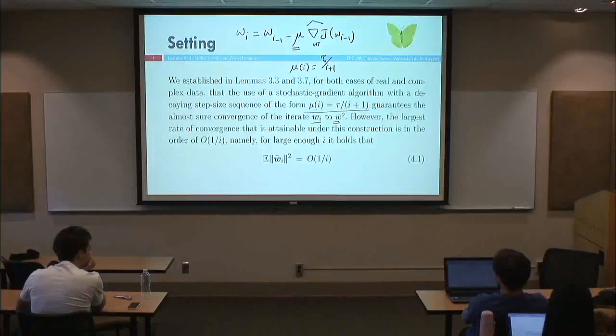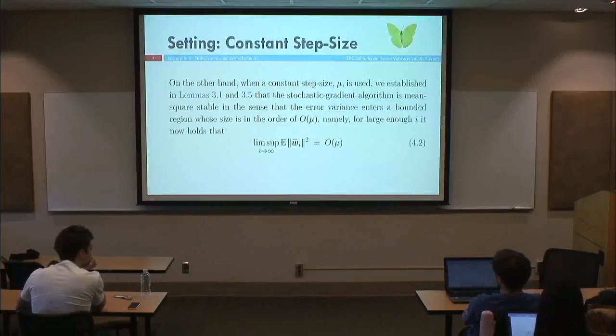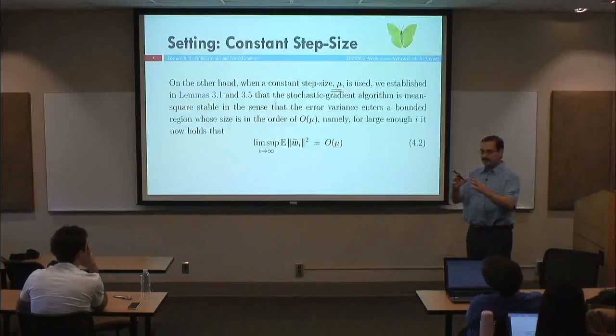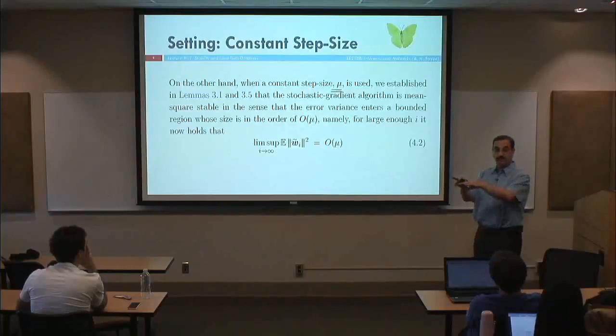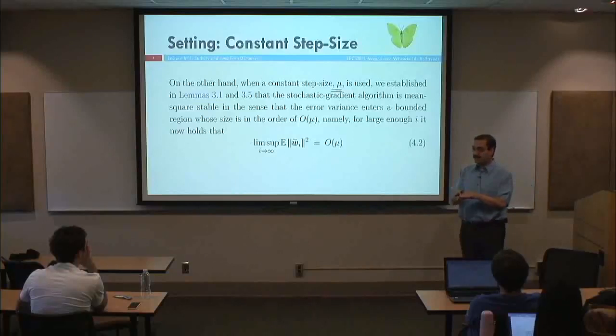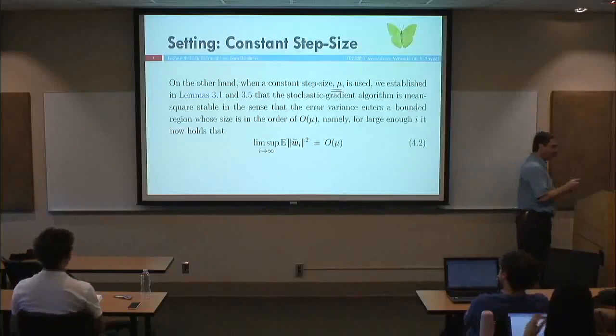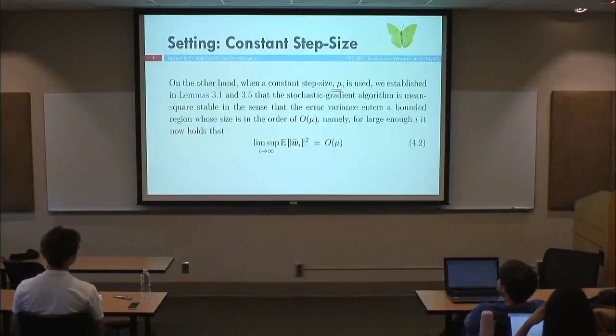In comparison, if the step size is a constant, some constant value mu, we showed that there is an upper bound on mu, meaning that for small enough mu, the algorithm will converge, will be stable in the mean square error sense, converging in the following sense. It doesn't mean that wi goes to wo. We cannot guarantee this anymore.